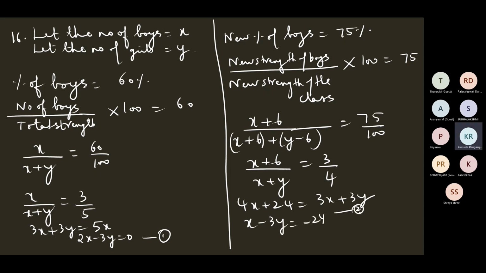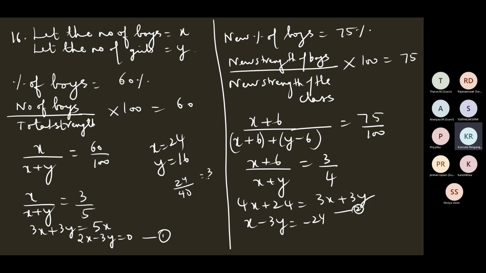So you have the two equations. Solve to find the values of x and y. Anyone has the values of x and y? Number of boys and number of girls? X is equal to 24 and Y is equal to 16, ma'am. Okay, so let's check. The fraction of boys is 3 by 5. So 24 by 40, correct.